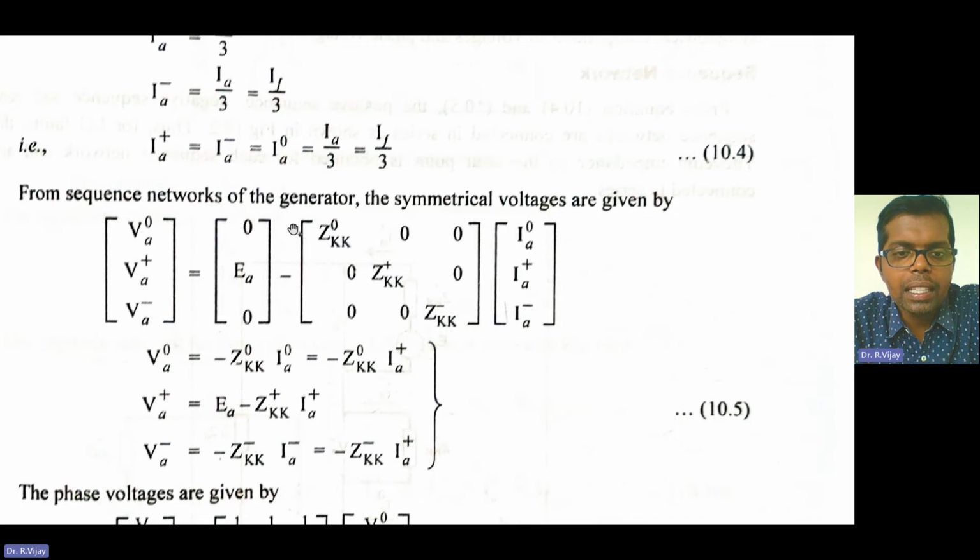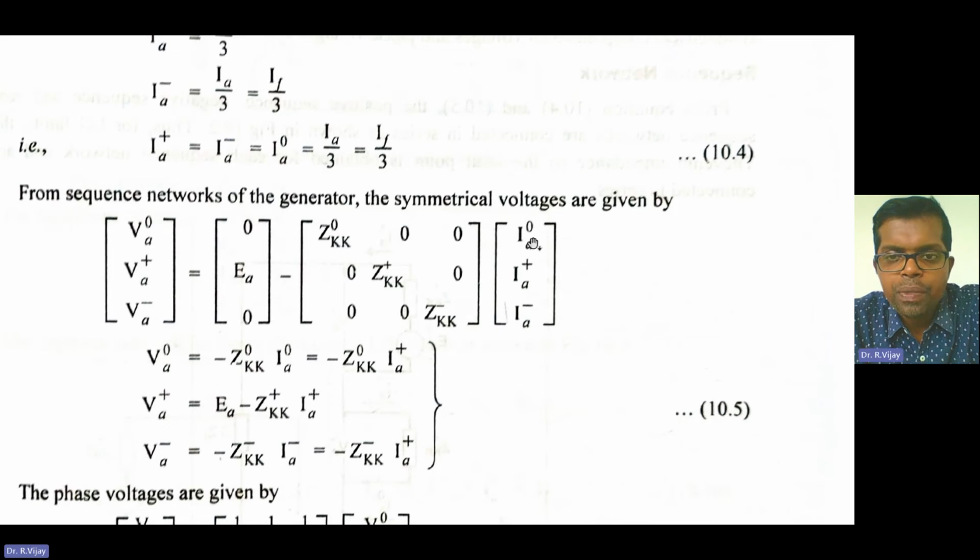Here we are taking the impedances as ZKK0, that is the zero sequence impedance, ZKK positive, that is the positive sequence impedance, and ZKK negative, that is the negative sequence impedance. The rest of the elements are 0 here.